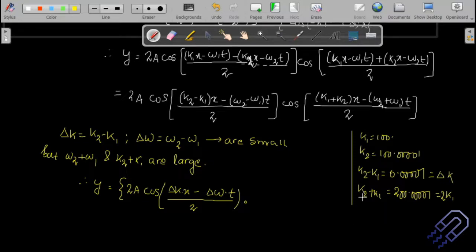So I told you if I take k1 plus k2, k2 is very close to k1, so here we can approximate it to be twice of k1, right? So we can write it down as cos of twice of k1 into x minus, similarly, twice of omega 1 into t, divided by 2.